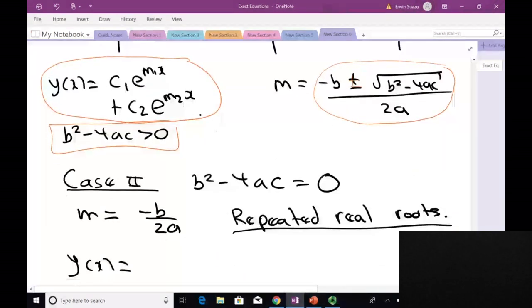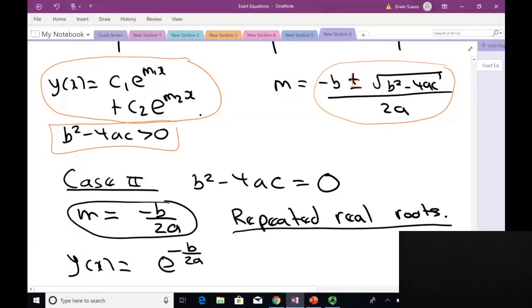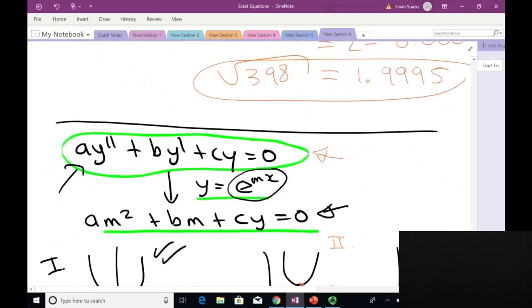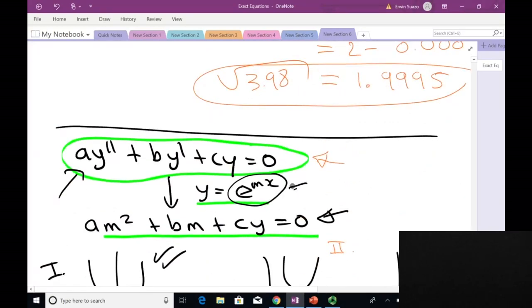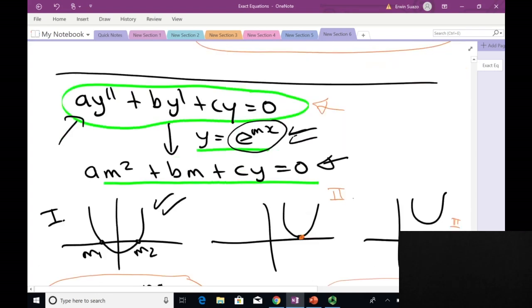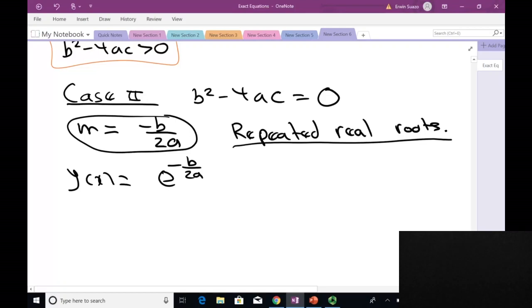My solution is e to the minus b over 2a x, because that's my only m. I'm looking for a solution that looks this way. I'm kind of guessing, so I got lucky again and found one solution. That's my y1 of x.